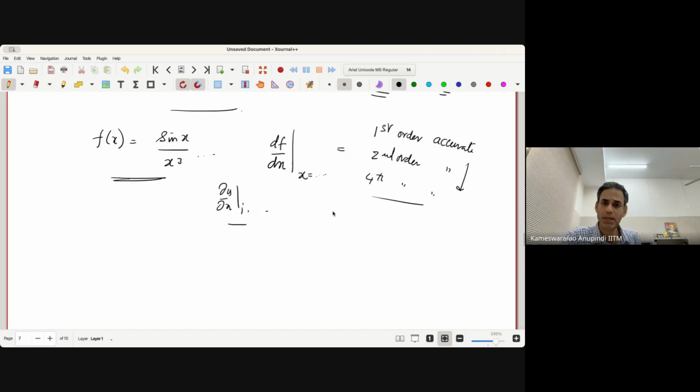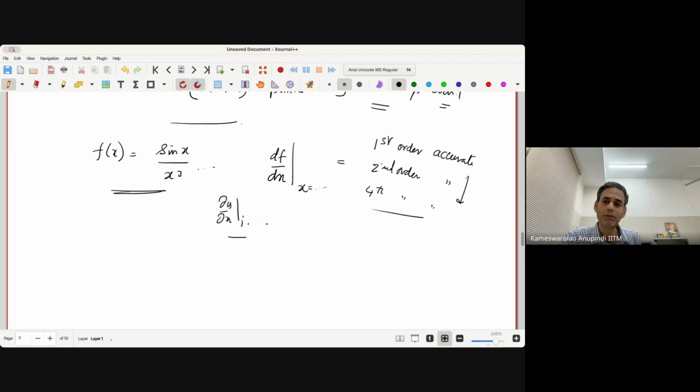Now, to check the order of accuracy of the scheme numerically, we have proved that a particular scheme is first order accurate, second order accurate, fourth order accurate, and so on by looking at the order h to the power n term. We said if n is some number, the scheme is going to be nth order accurate.